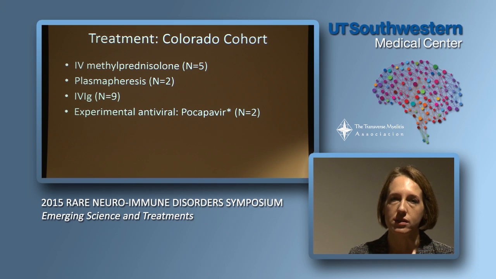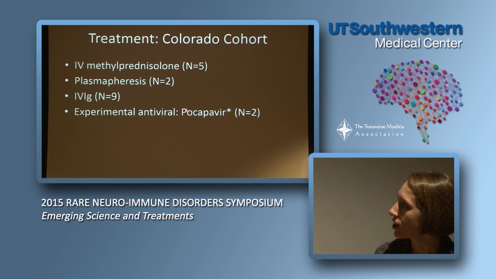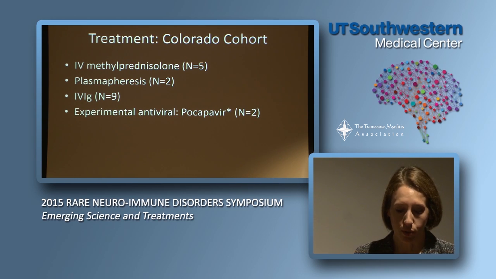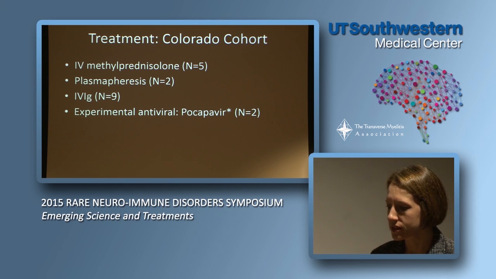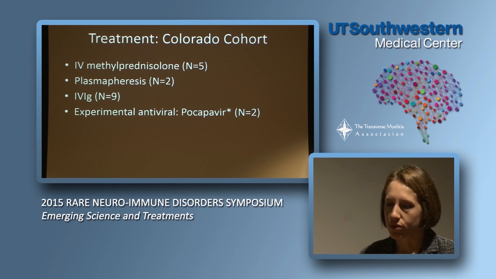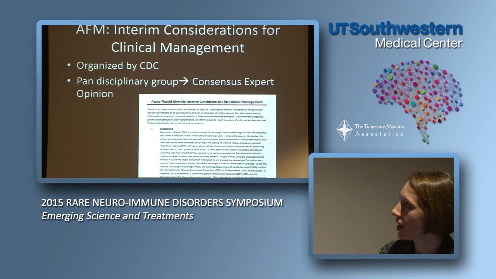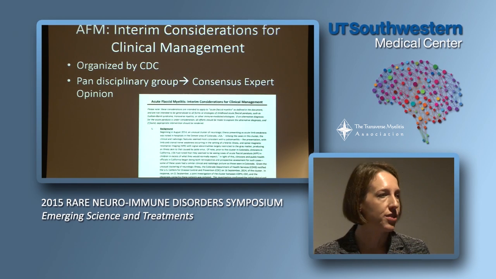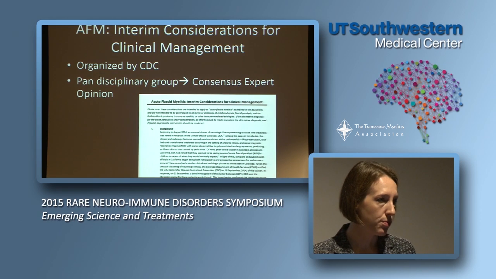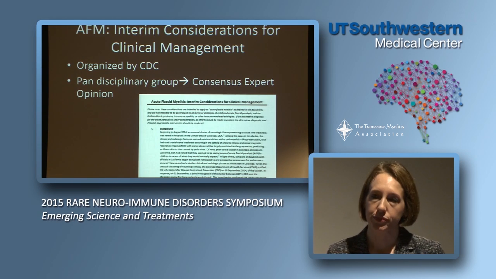IVIG is intravenous immunoglobulin, pooled antibodies. And then we even tried this experimental antiviral drug called pocapavir, to see whether, if these two outbreaks were related, we could improve outcomes by treating the virus. And unfortunately, none of them seemed in the short term to make much of a difference.